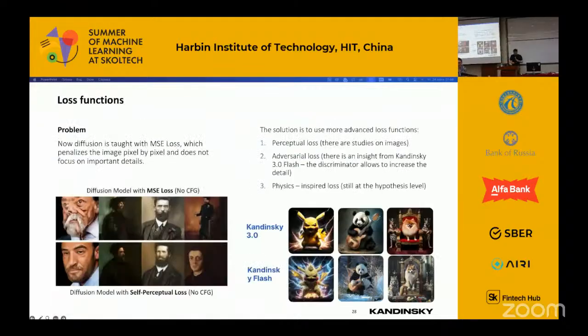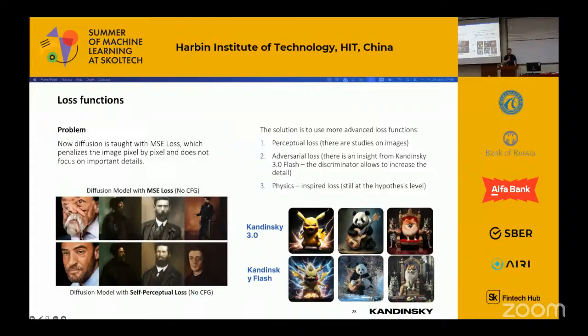Okay, another one is loss function. There are a lot of experiments, and we do a lot of experiments on loss functions. I will tell a little bit later, when I talk about RLHF, for example. But you know, diffusion is trained with MSE loss, as you remember, I showed the MSE loss for you.